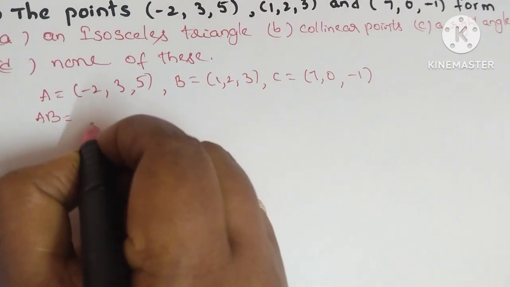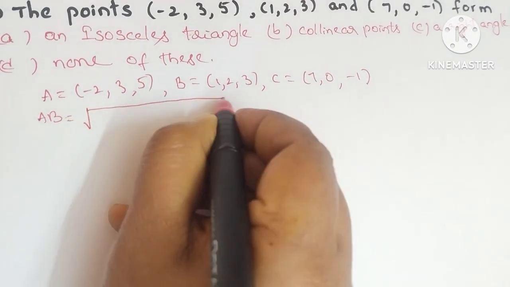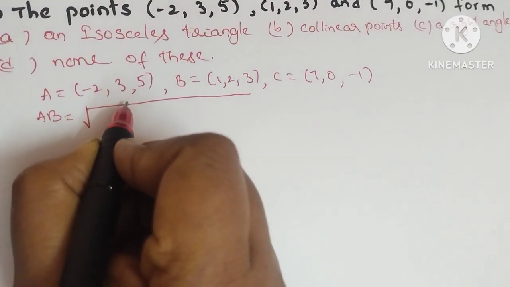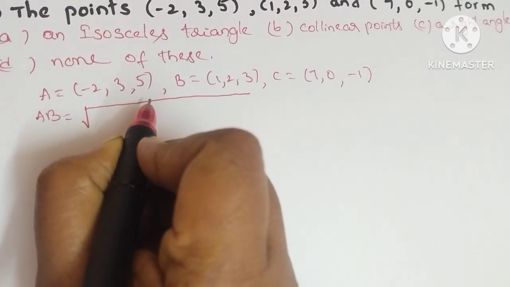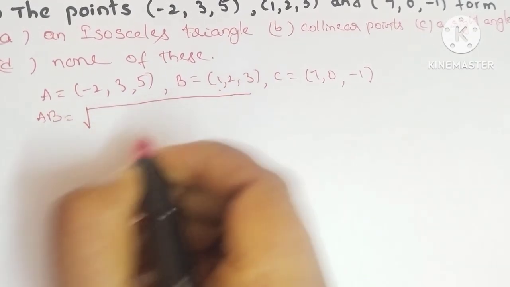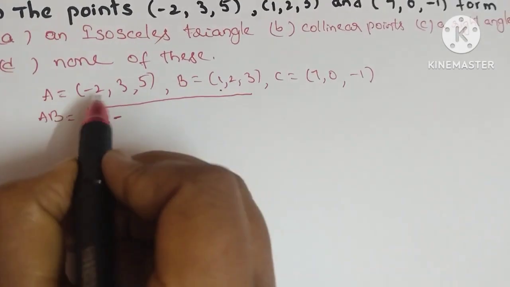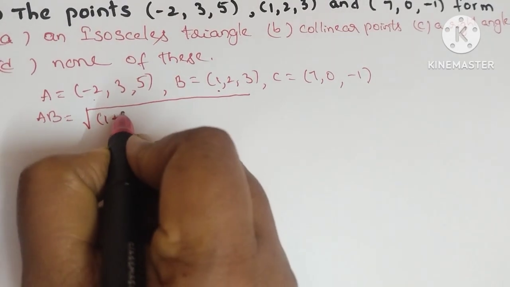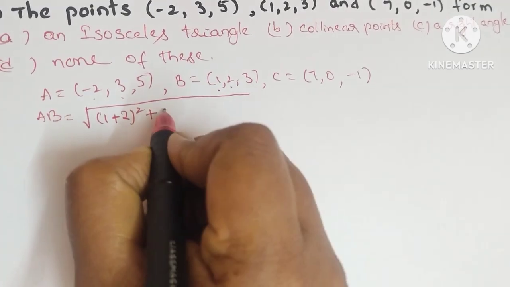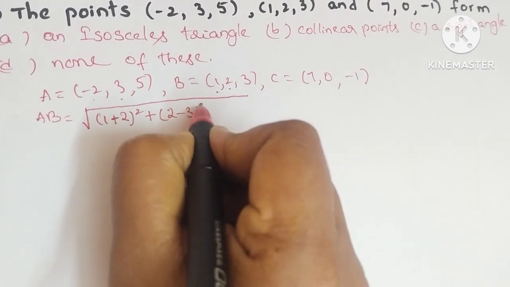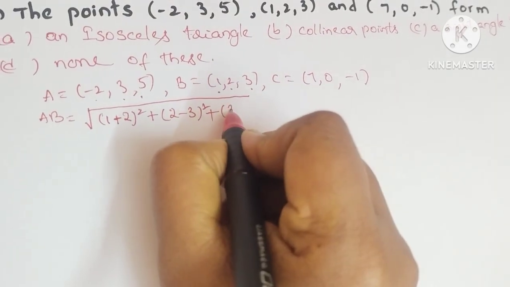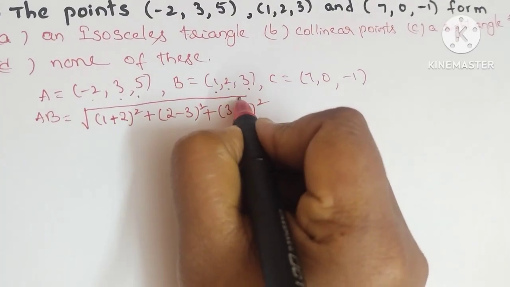AB is equal to the square root of, we know the distance between 2 points is (x2 minus x1) whole square plus (y2 minus y1) whole square plus (z2 minus z1) whole square. So here x2 minus x1 is 1 minus of minus 2, plus 2 whole square, plus (2 minus 3) whole square, plus (3 minus 5) whole square.